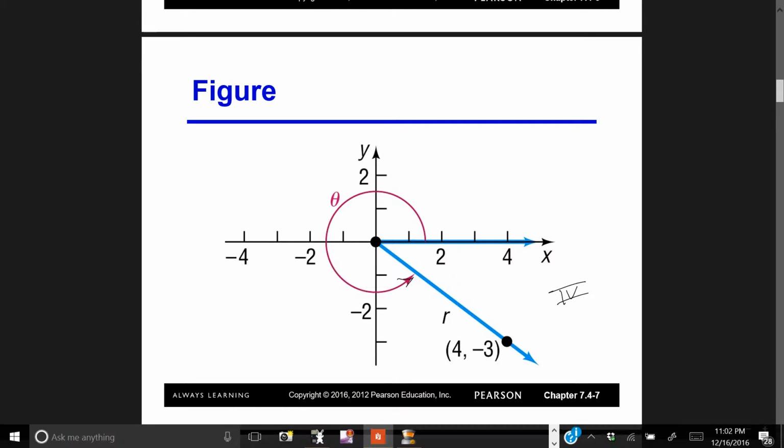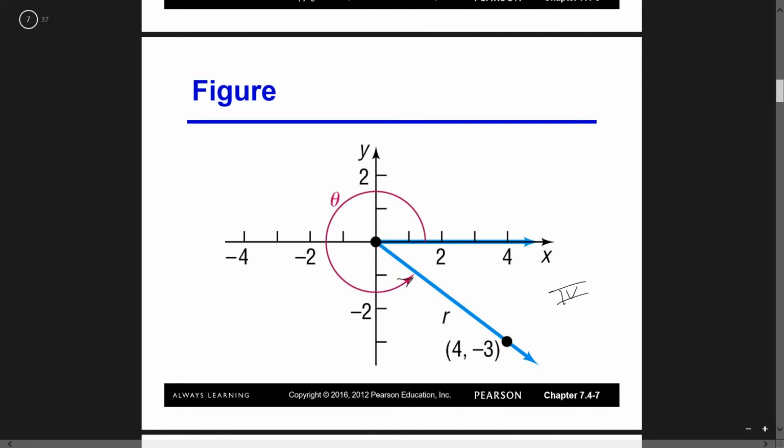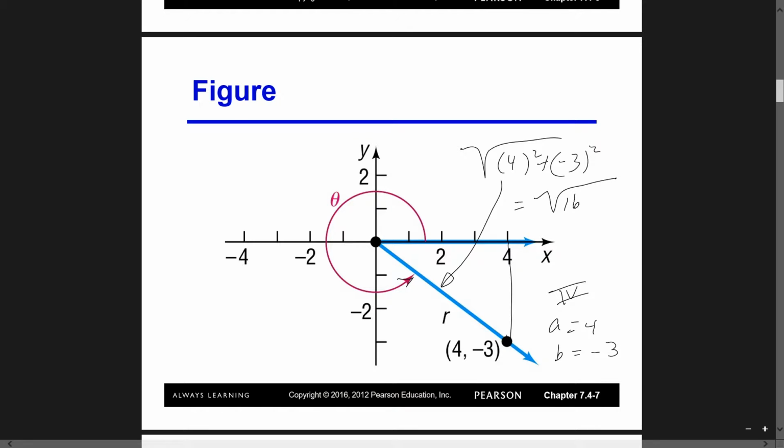For example, we've got the point 4 and minus 3, in which case A is equal to 4 and B is equal to minus 3. We would now calculate that R is the square root of 4 squared plus minus 3 squared, equal to the square root of 16 plus 9, which is 25, equal to 5. So R would be 5.